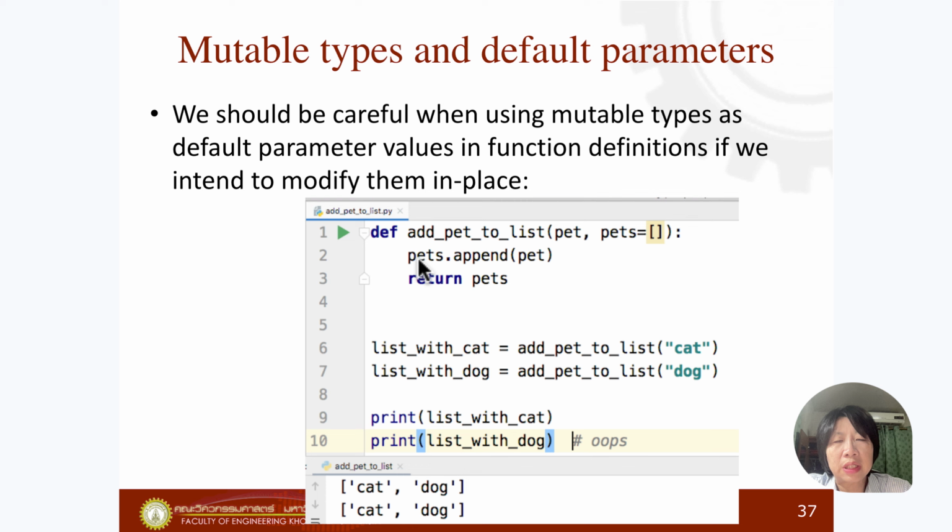Inside the function we say pet list.append pet. Because this list is mutable, when we call it with cat, and print the list with cat, we should see only cat, but it actually becomes the same list. So after we add cat, we also add dog. When we print both lists, they point to the same object, the same list. That's why we get the output cat dog for both.